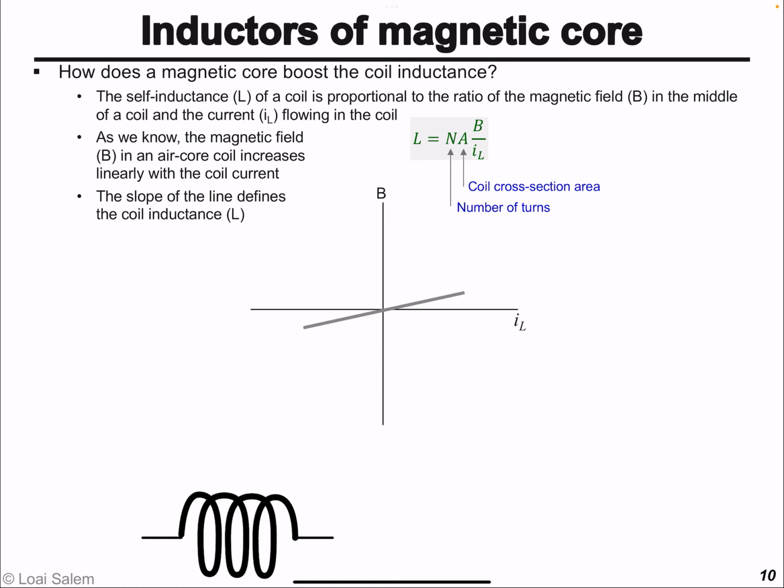Well, the whole idea is, let's see, if we apply current IL, we know that this coil is going to produce a magnetic field according to the right hand rule. And as we increase the current as shown in this plot, the magnetic field is going to increase linearly, assuming the length of the coil is much larger than its diameter.